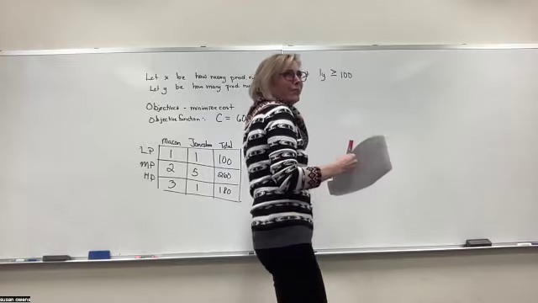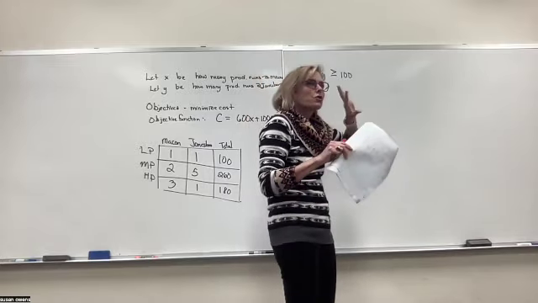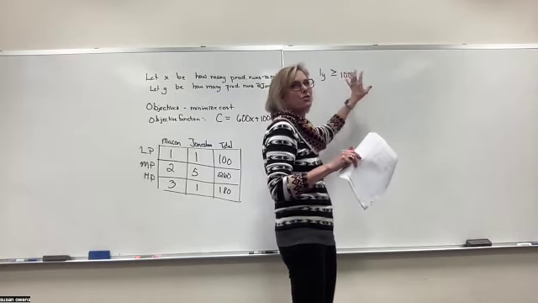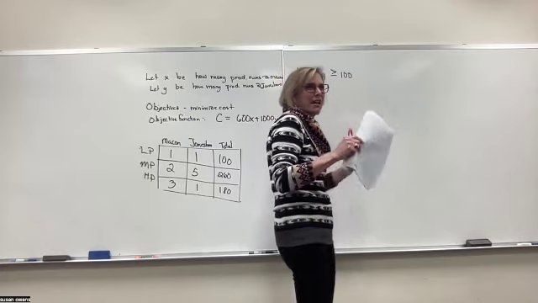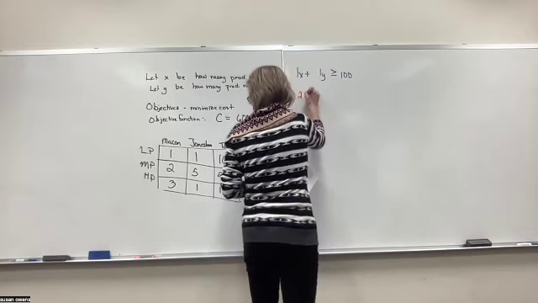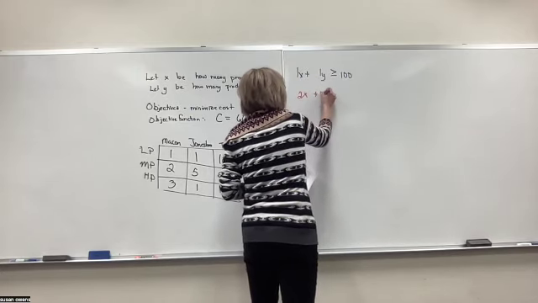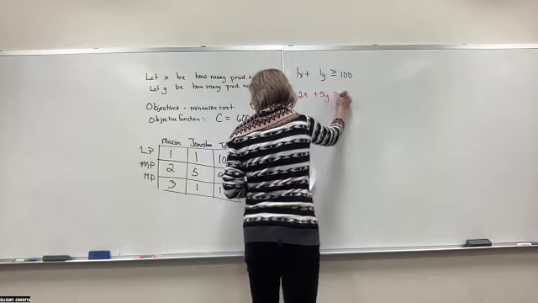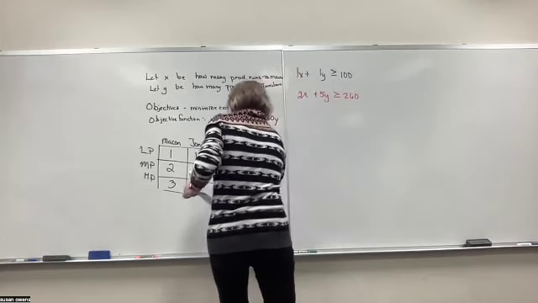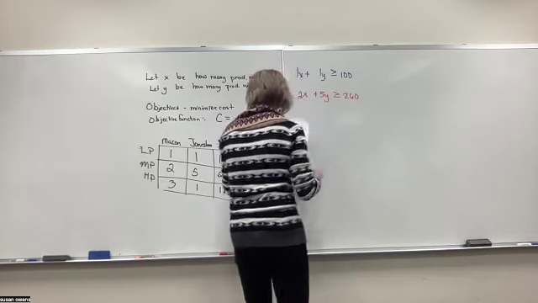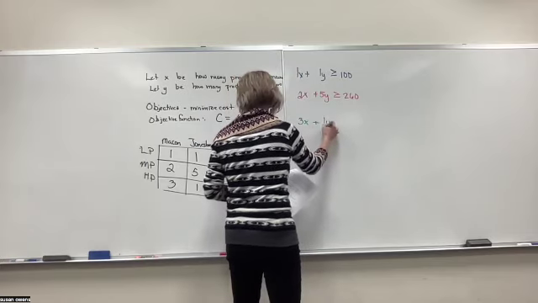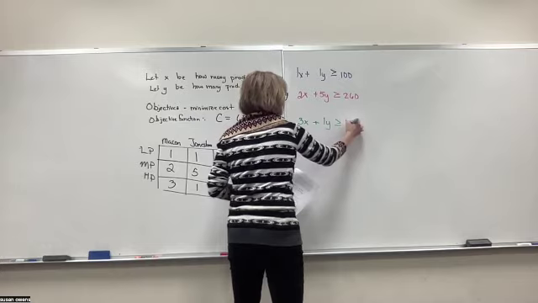When we see minimize, usually it's going to be greater than. If you see maximize, usually it's going to be less than, just to kind of keep in the back of your head. Okay. And so then we have 2x plus 5y greater than or equal to 260. And we have 3x plus 1y greater than or equal to 180.